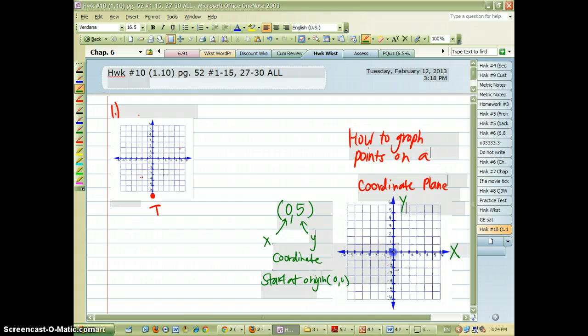So I always start here, and then I always go left and right first because of the x. So 0 tells me that I don't go left or right. That's what the 0 tells me. So I stay right there. Then the 5 tells me to go up 5 because 5 is positive. So I go up 5 up here. And that is where I would put that dot. (0, 5) right there.